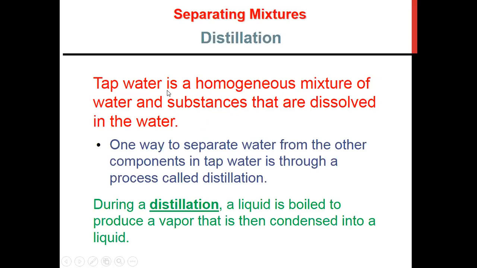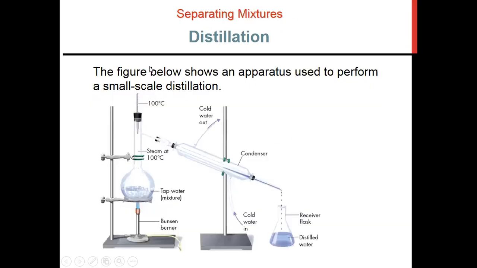Distillation. Tap water is a homogeneous mixture of water and substances that are dissolved in the water. One way to separate water from the other components in tap water is through a process called distillation. During distillation, a liquid is boiled to produce a vapor that is then condensed into liquid. Look at the setup. The figure below shows an apparatus used to perform a small-scale distillation.